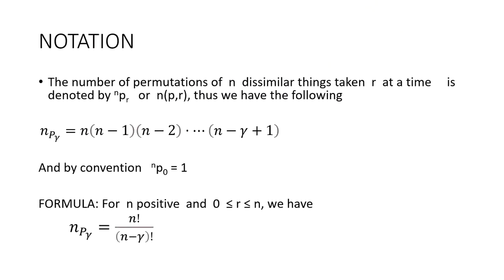And then we have the following notation. The number of permutations of n distinct objects taken r at a time is generally denoted by nPr or P(n, r). But we'll use this notation nPr.